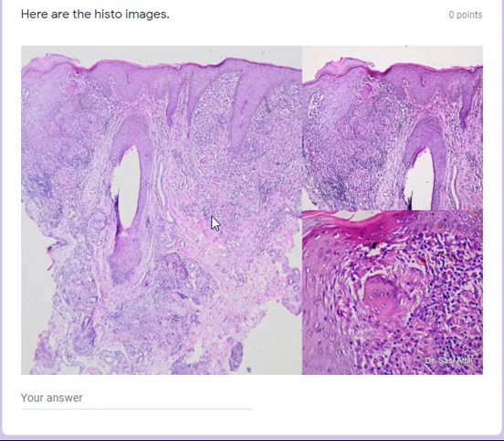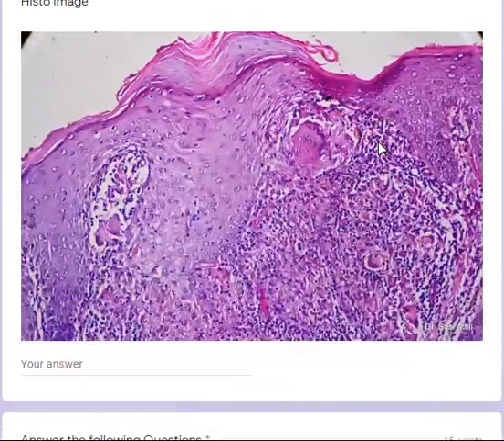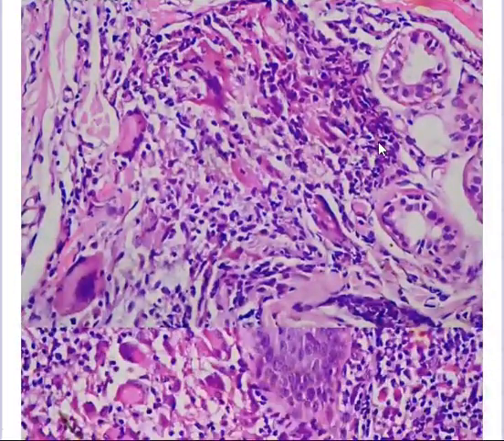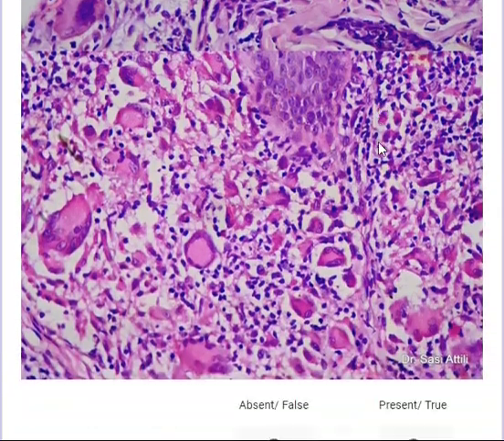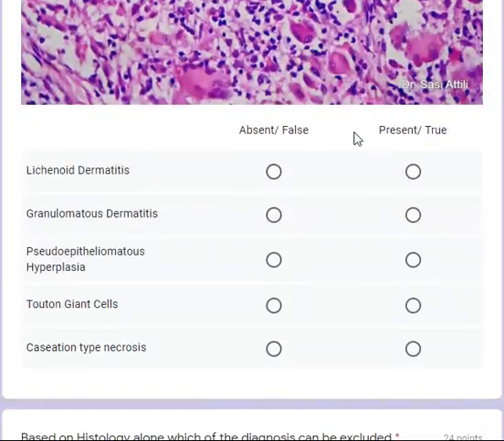So this is unlike tuberculoid Hansen's, which doesn't produce this sort of lichenoid and granulomatous pattern. A lichenoid granulomatous pattern may be seen in cutaneous TB, particularly lupus vulgaris, and that usually has caseous necrosis as well. So based on histology alone, lupus vulgaris is a definite possibility. But obviously the clinical picture should determine your diagnosis as well.